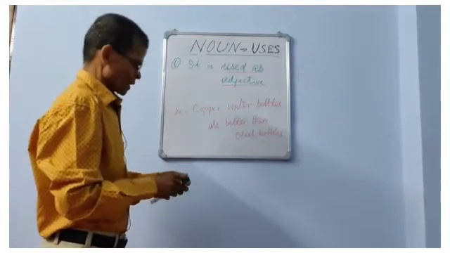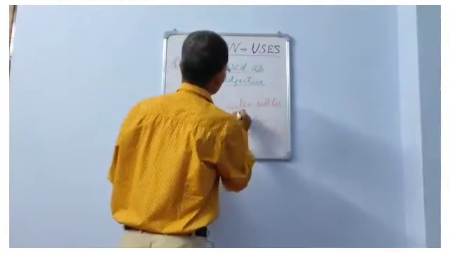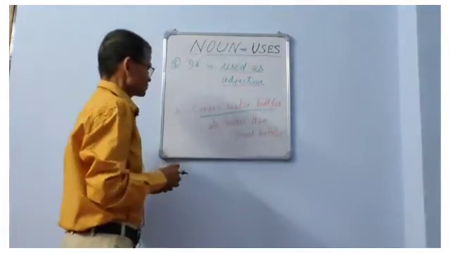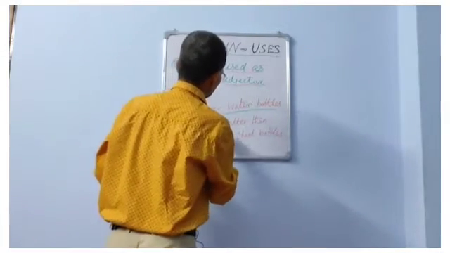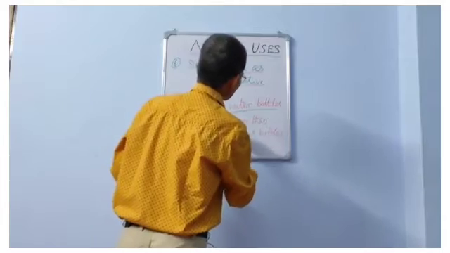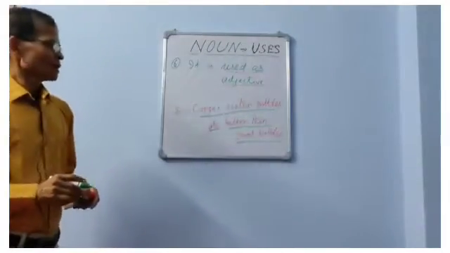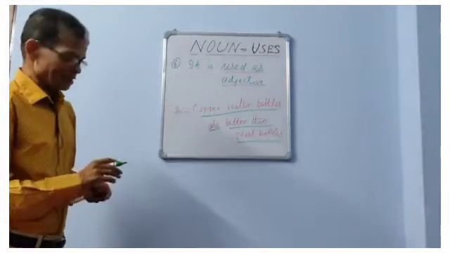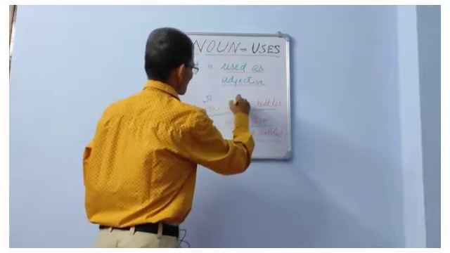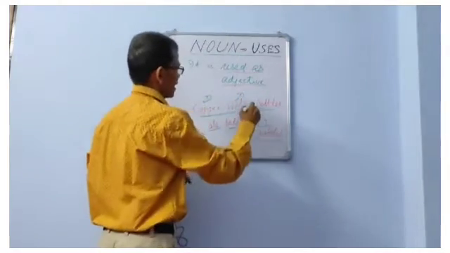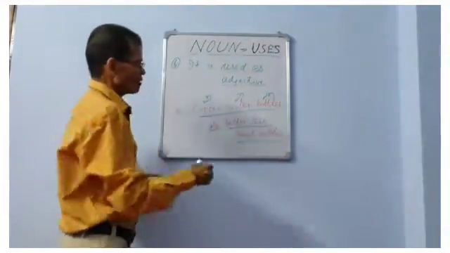You see here, this is the subject, and here is the verb, and here we have the comparative degree, and we have the steel bottles. Now here copper is a noun, water is a noun, and bottles also a noun.